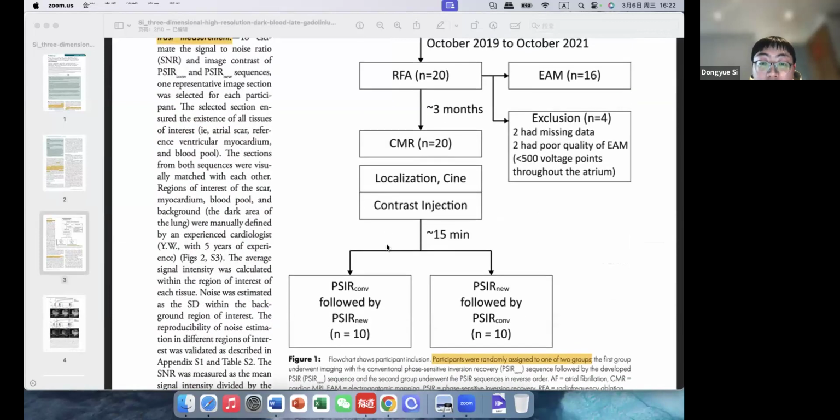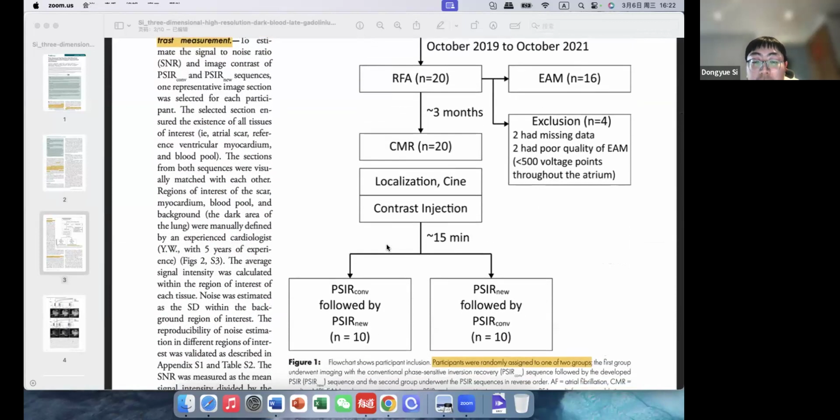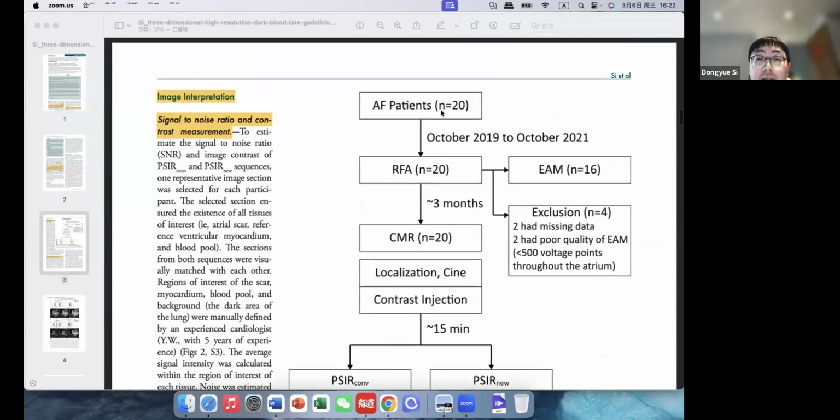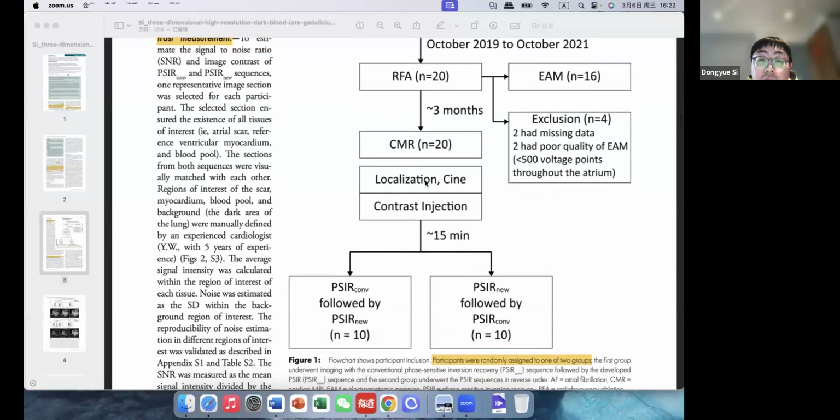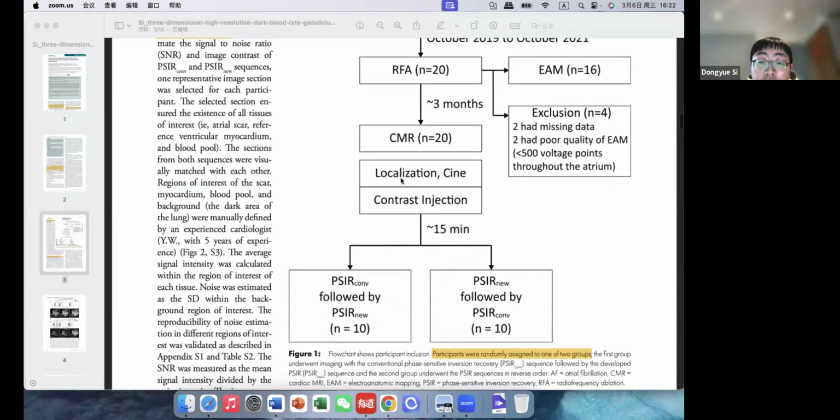This is a flow chart of the participants. We included 20 atrial fibrillation patients, and they all went through an RF ablation, and 16 patients had electroanatomic mapping as the reference for the atrial scar. After 3 months, all the patients went through CMR imaging, including the conventional localization and cine images.